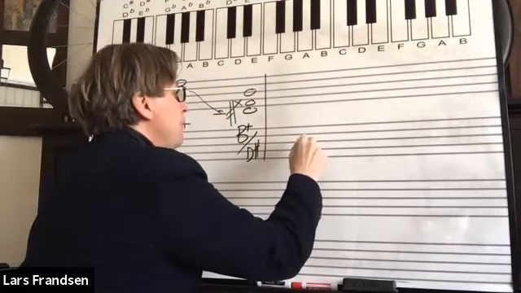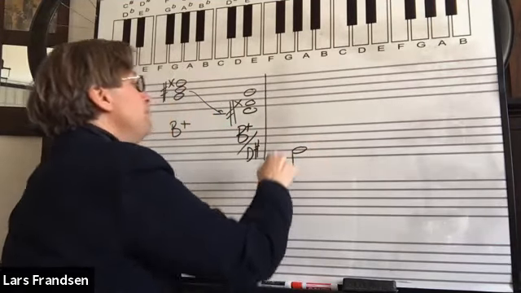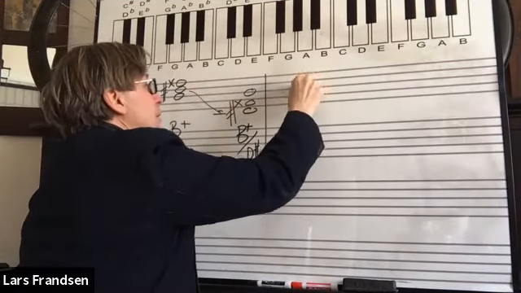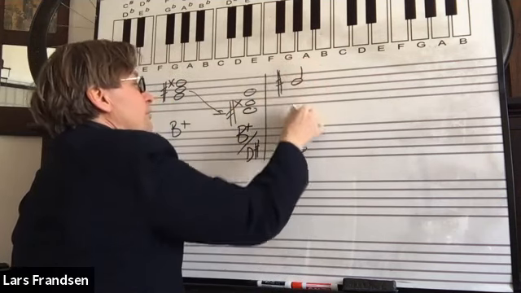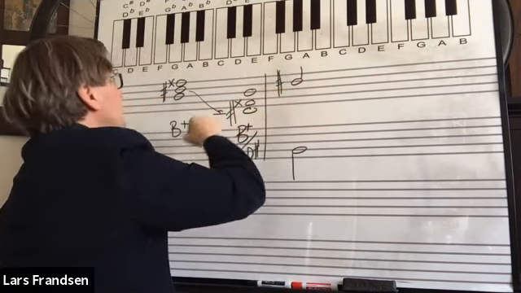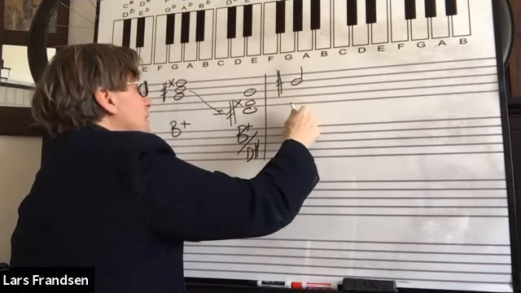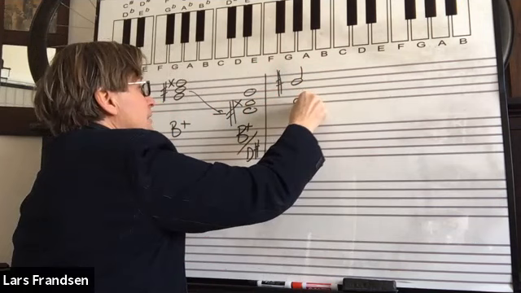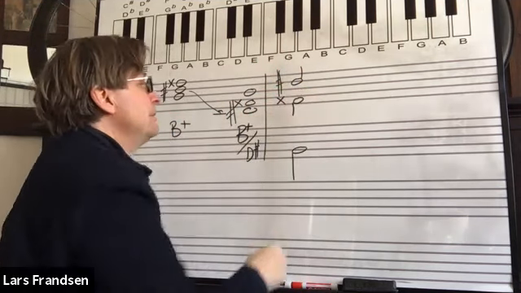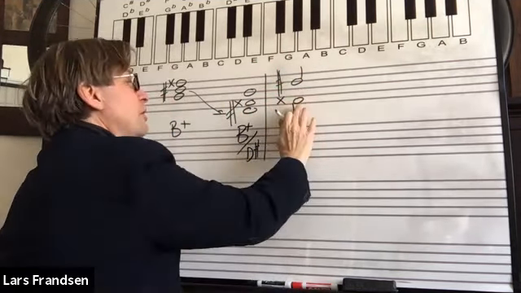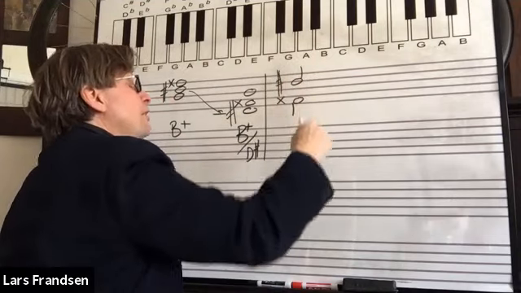All right, written up in four parts. That will be B, and that will be D sharp up here, for instance. It could also be down here, I guess. And then since we're sort of doing it properly, I can write out the F sharp here. Please remember to spell these things, because otherwise you're not really sure which one is which.